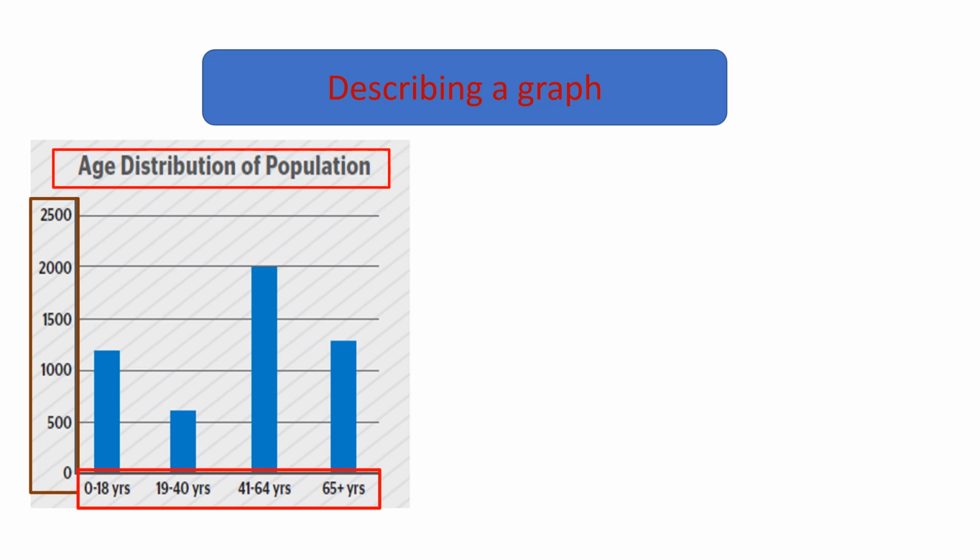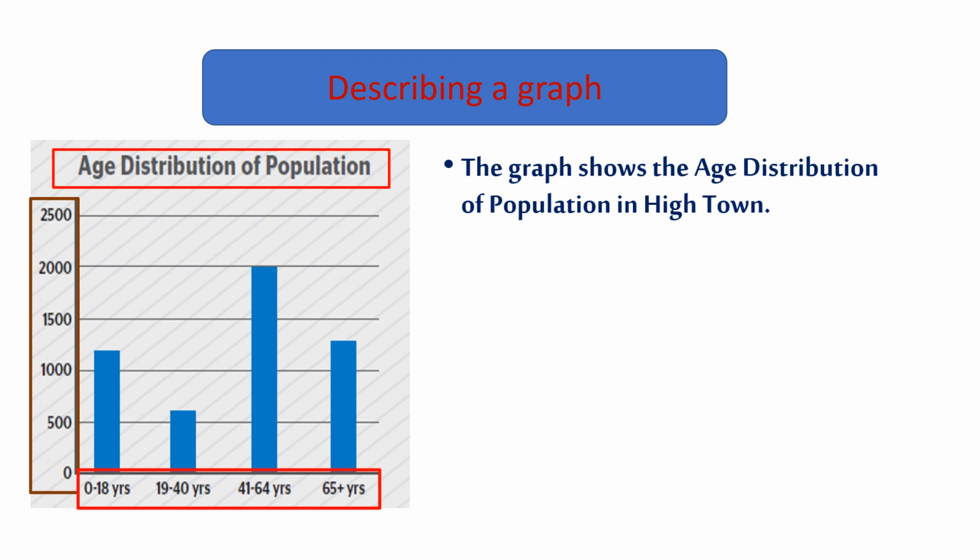Here we go. Let's use some sentences to describe the current graph. The graph shows the age distribution of population in a certain city, let's call it Hightown.